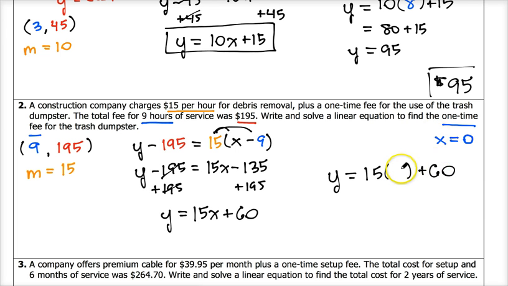And then, of course, the number of hours you use the service is going to increase how much you pay. So 15 times 0 is 0 plus 60 tells us that y is equal to 60. So it costs $60 up front to use this construction company, plus an additional $15 per hour.